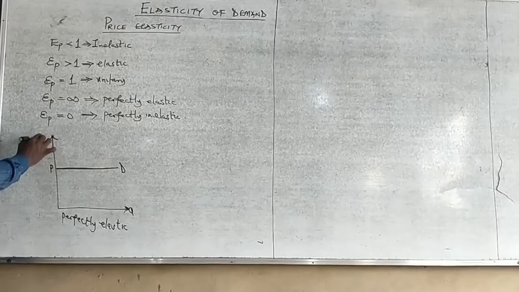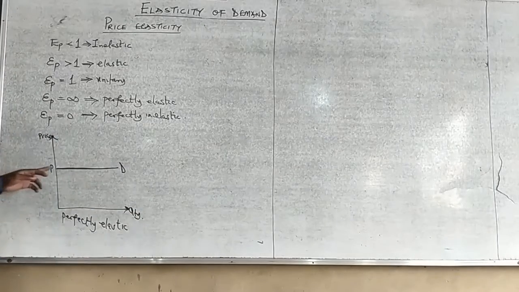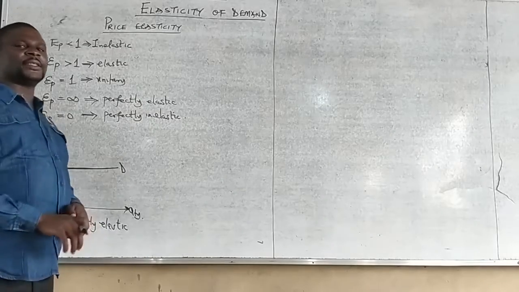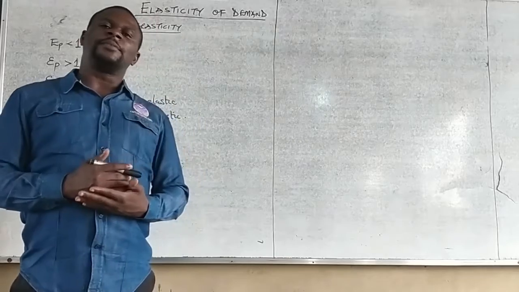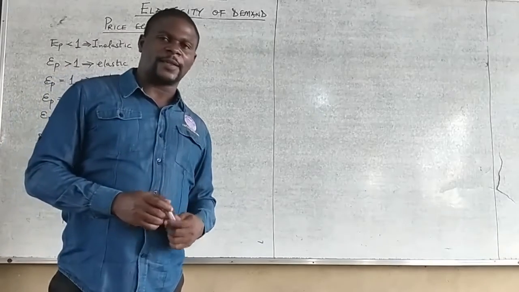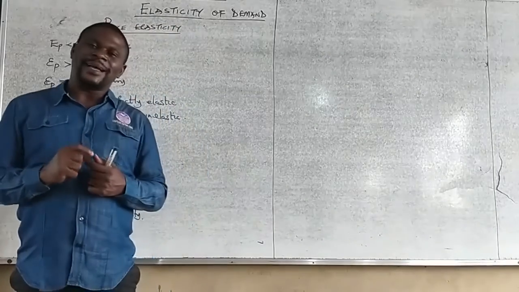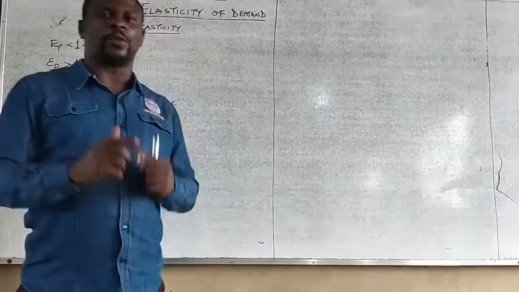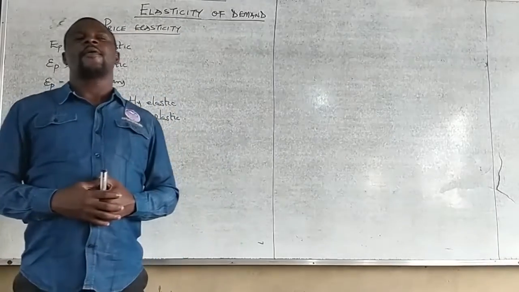Because this is the axis for price and this is the one for quantity. So when the price is constant, perfectly elastic. Now let me give the illustration. When do you say demand for a product is perfectly elastic? When the demand for that product is not determined by the price of the product, but by the quantity that is needed by the consumer.